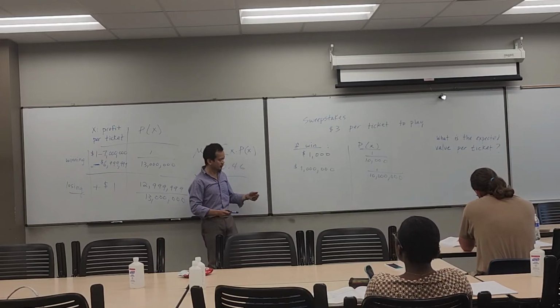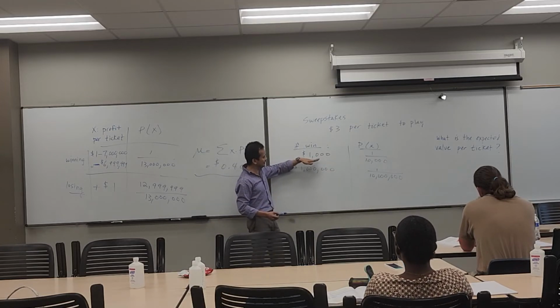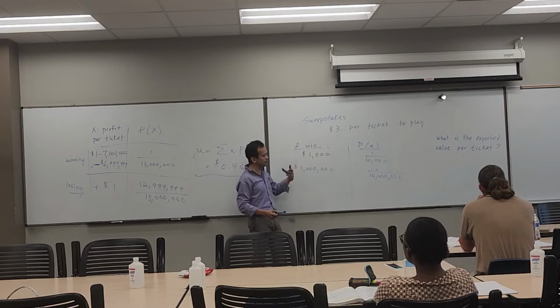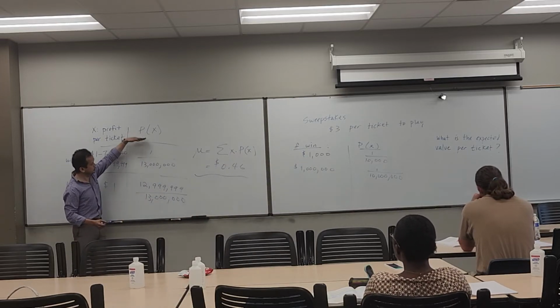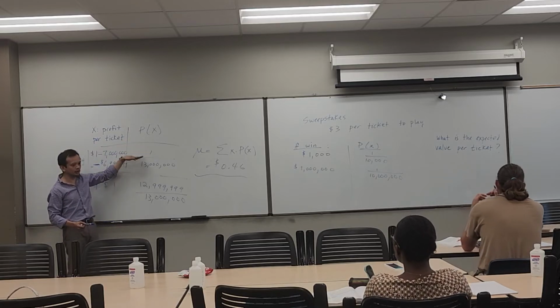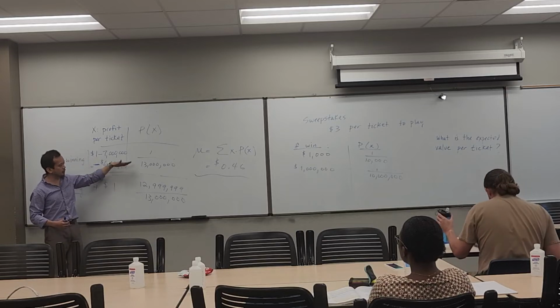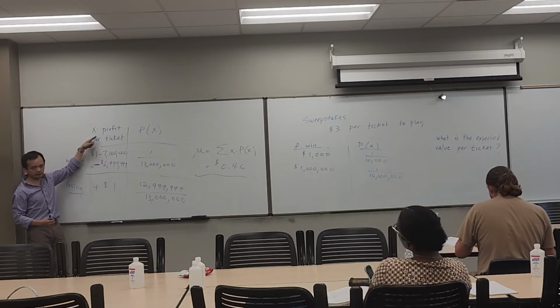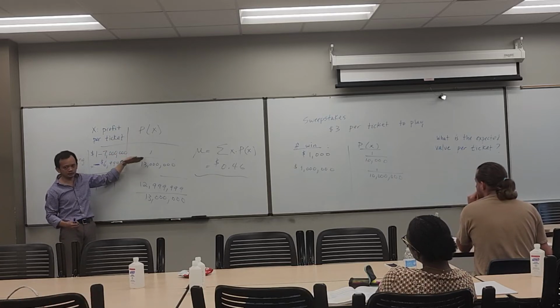Okay, very good. So I tried to trick you. Remember in a probability distribution, we said that if you sum up all the probabilities, they have to add up to 1. Because the premise is that you're accounting for all the possibilities of this x variable. And if you account for all the possibilities, then the probabilities will add up to 1.